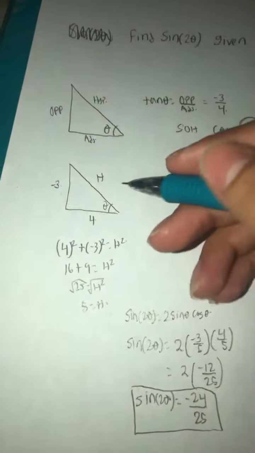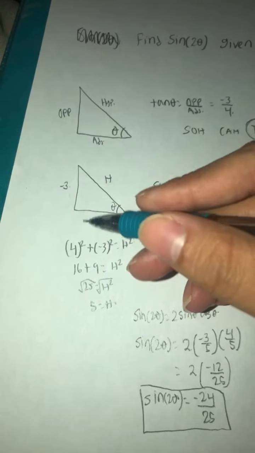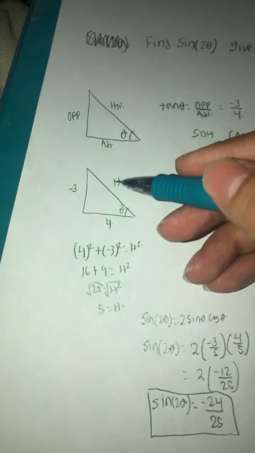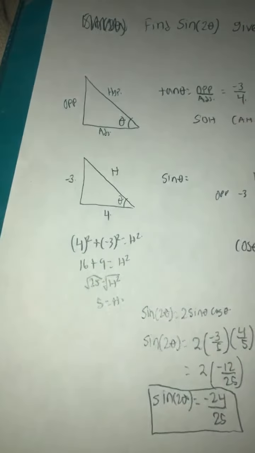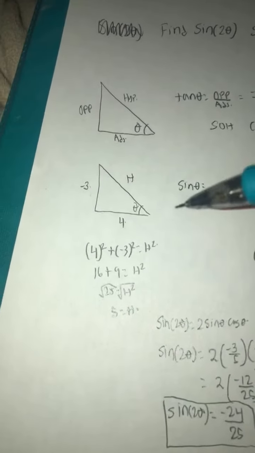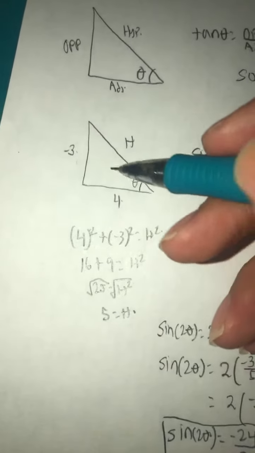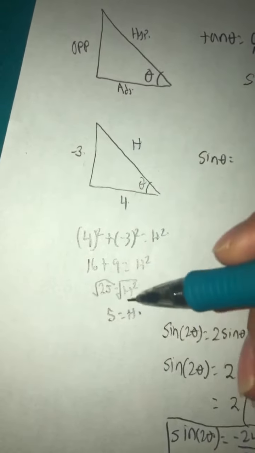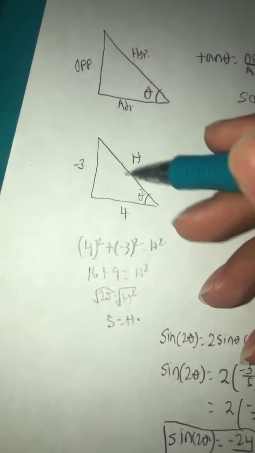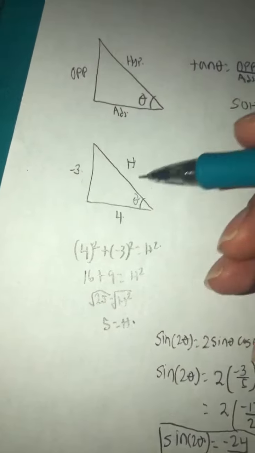Now, what I did was I solved for the hypotenuse because that will become useful later on. So we solved for the hypotenuse, and we got that it was 5, so the longest side of the triangle is 5, right?